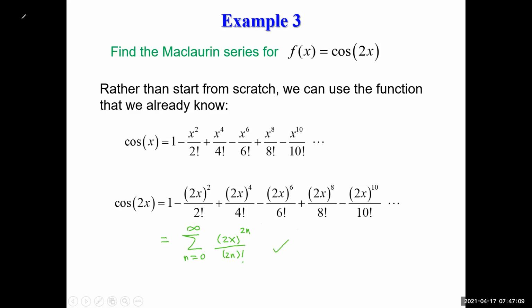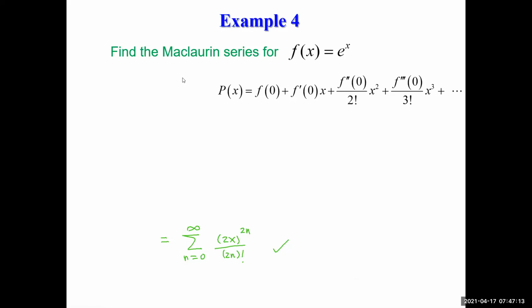All right. Now let's look at the next example. We find the Maclaurin series for the e to the x function, the exponential function. Now, if you recall, Maclaurin series means the center is 0, so you automatically have these.